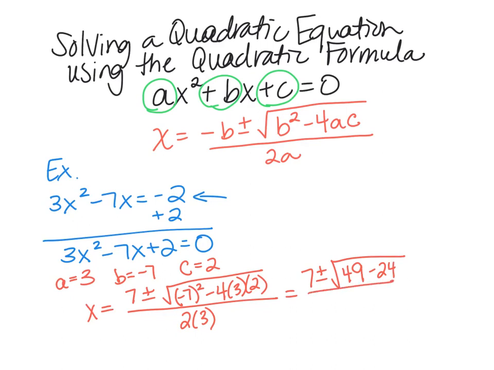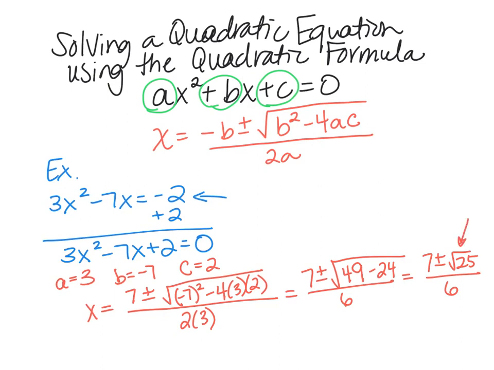All over 2 times 3, which is 6. I'm going to keep simplifying it. So 49 minus 24 is going to be 25. And some of you might be able to skip some of these steps. I'm just trying to show you each step so you can kind of follow along. So at this point, I see 7 plus or minus the square root of 25 over 6.